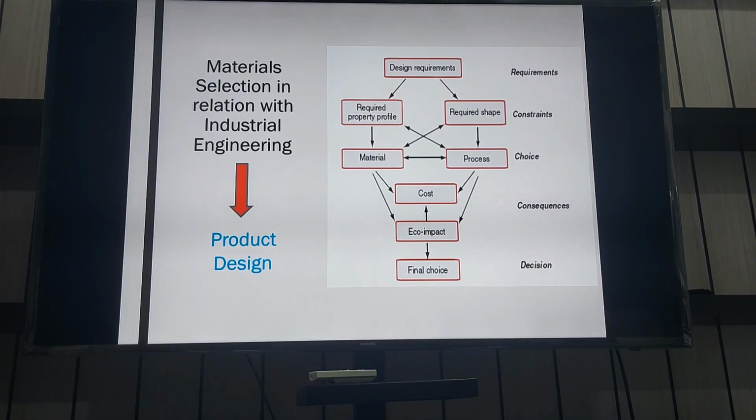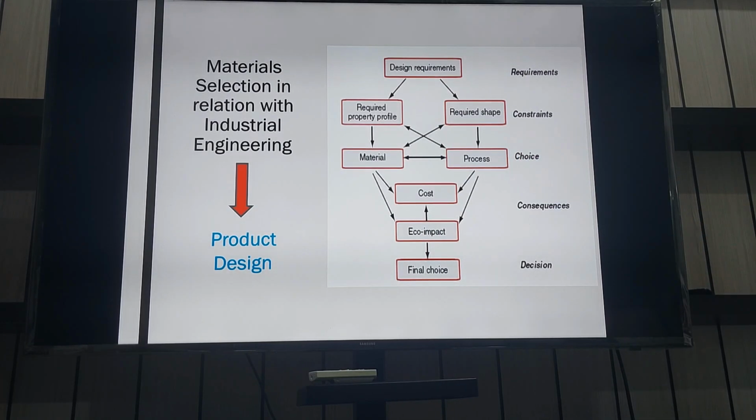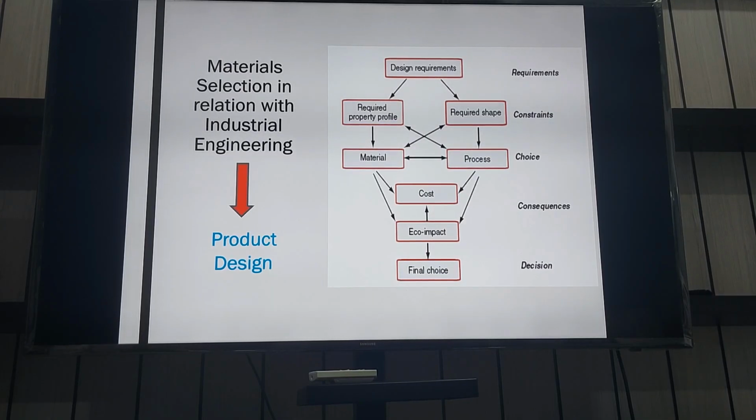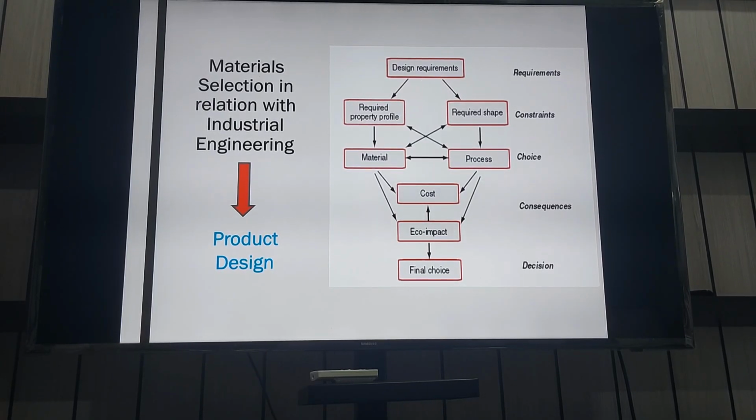what kind of property is required? The required property profile: what kind of property do you want to present in your product, in this case a helmet? Maybe we can say only mechanical properties. We can neglect all the electrical and thermal, and focus on mechanical properties.